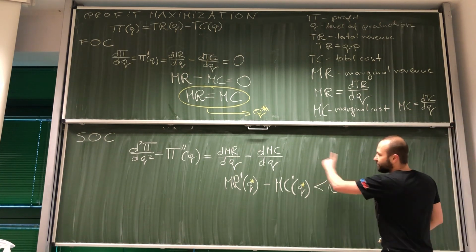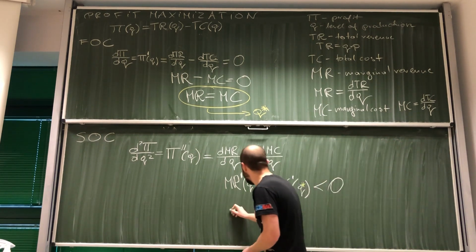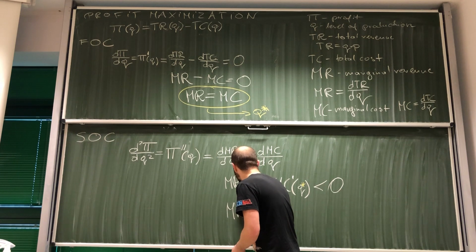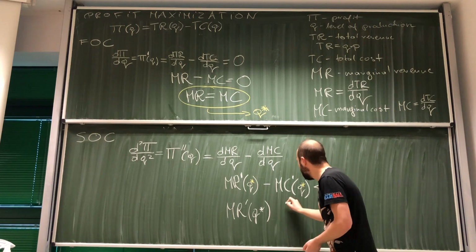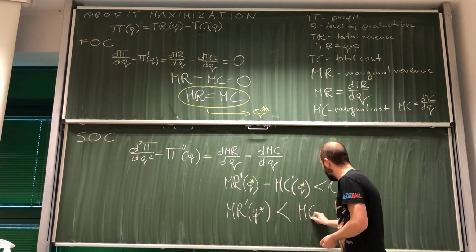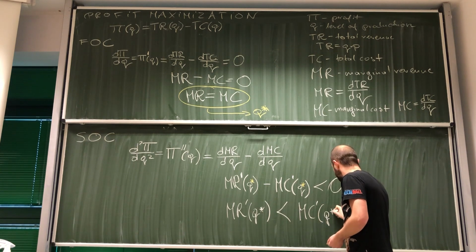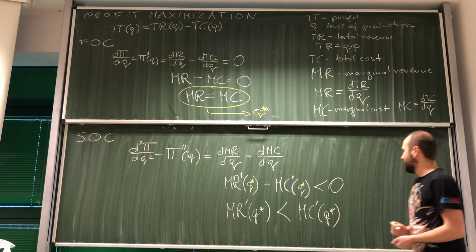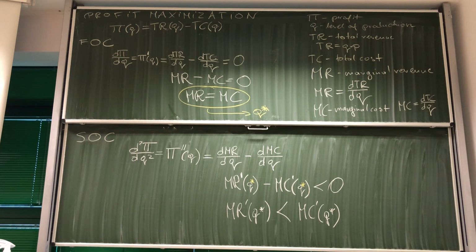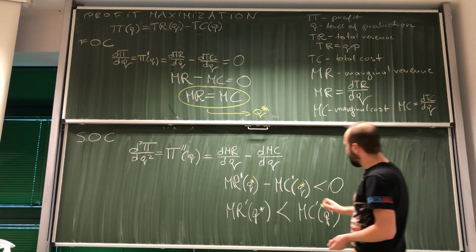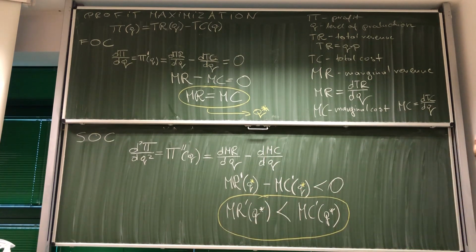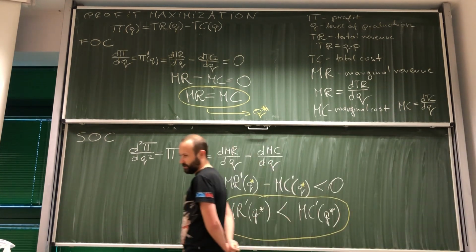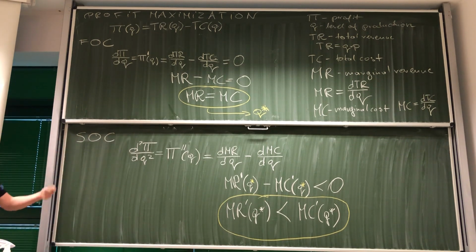And again, I can transform this a little bit, and I'm going to get that marginal revenue prime at q with asterisk should be smaller than marginal cost prime at this particular point. If this condition is fulfilled, we already know that at this particular point we can find the level of production that maximizes profit.